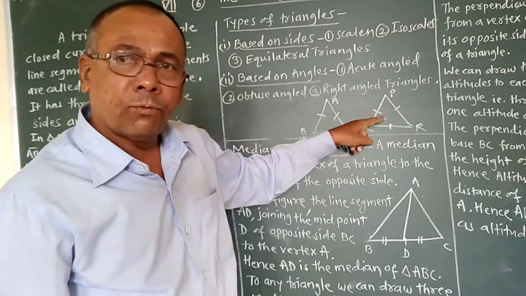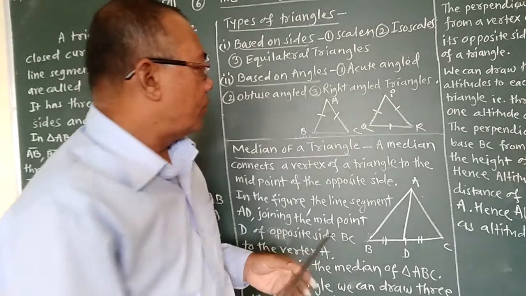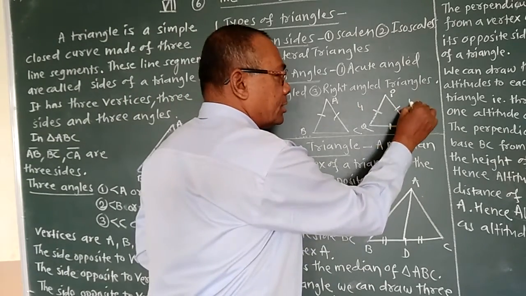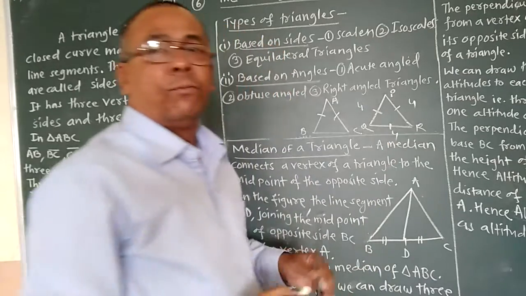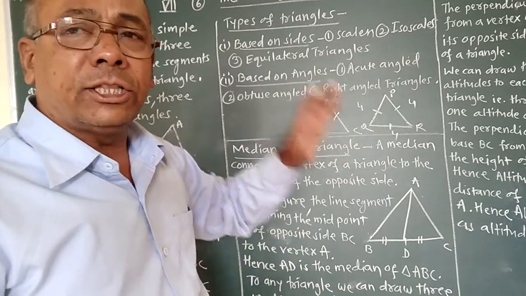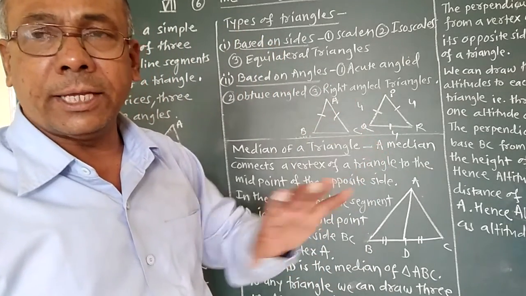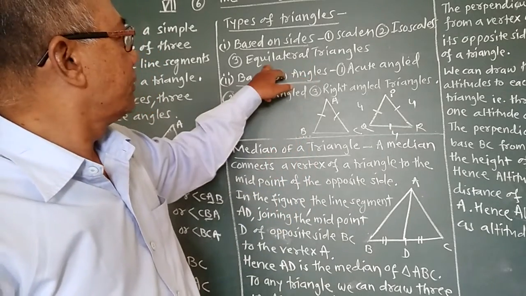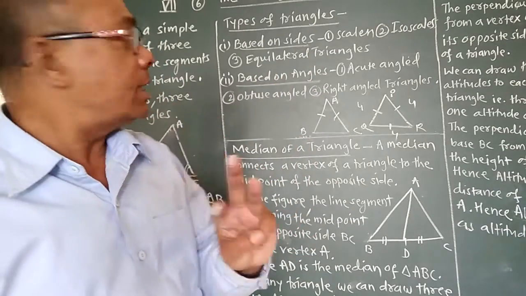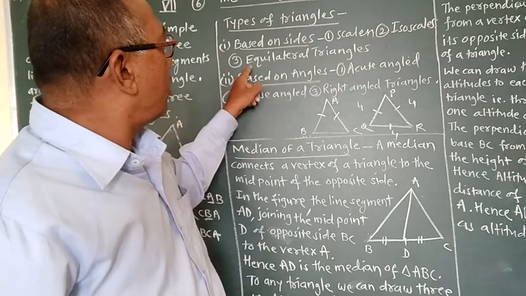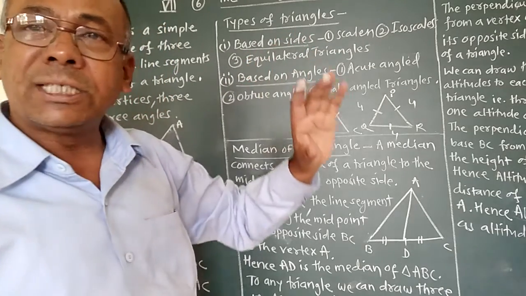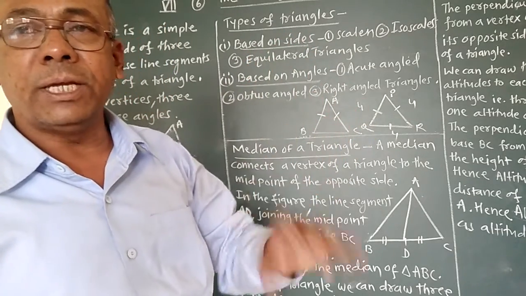Now if this is 4 centimeter, this is also 4 centimeter, and this is also 4 centimeter, means all the three sides of a triangle are equal, then it is called as an equilateral triangle. So these are the three main types of the triangle based on the sides of the triangle.